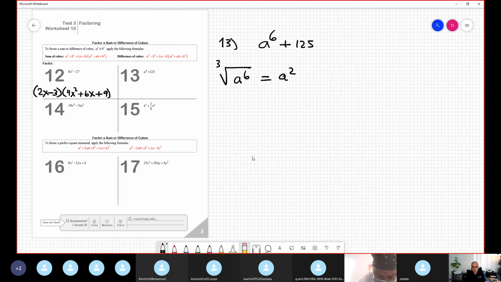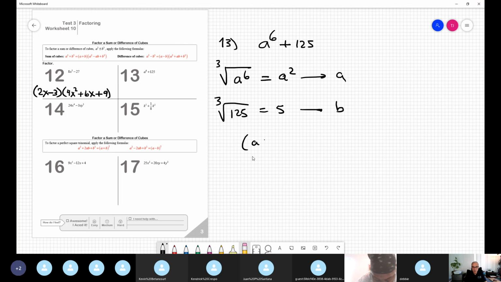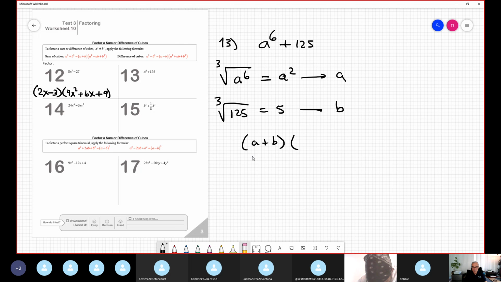How do you know? 6 divided by 3 is 2. And the cubic root of 125 is 5. So this is my a and this is my b in the formula. What is the formula? The formula is a plus b times a squared minus ab plus b squared. This is the formula for the factorization. A is a squared, it's a coincidence, but it's squared, plus 5 is b in our specific example.